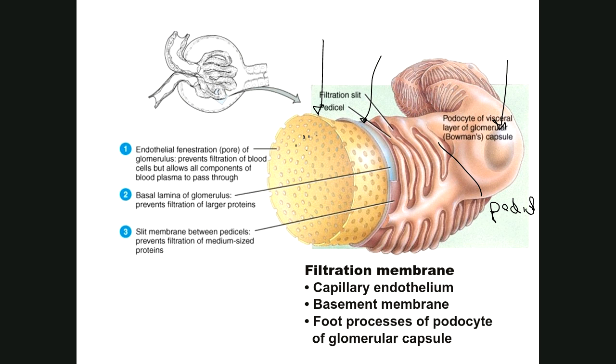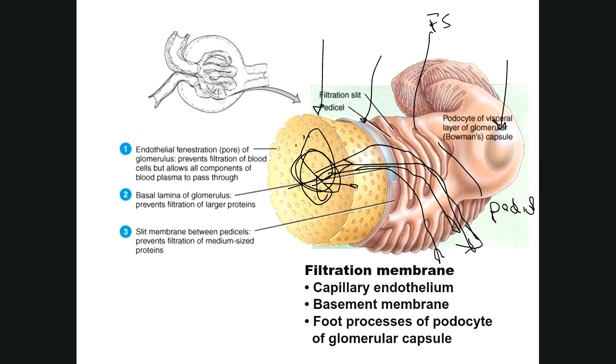So we have filtration slits. And so the blood, which is in here, gets pushed against the wall. And some things which are small enough will go through all 3 layers, and they're going to wind up as filtrate.